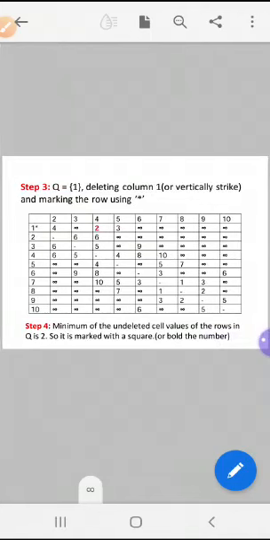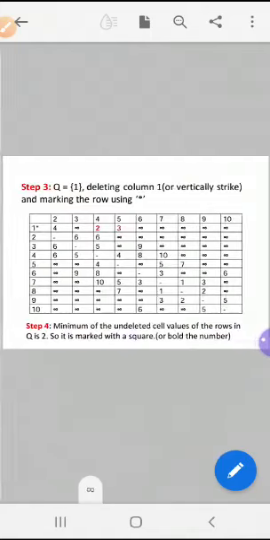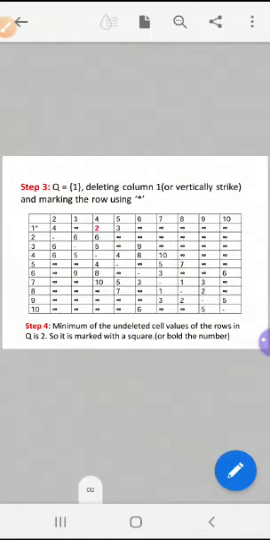Now next, step 3 is let Q equal 1. For every problem Q is 1 for step 3. So correspondingly delete the column 1 and mark the row 1 using a star. So here in this matrix column 1 is missing because we deleted that column, and row 1 is marked with a star.